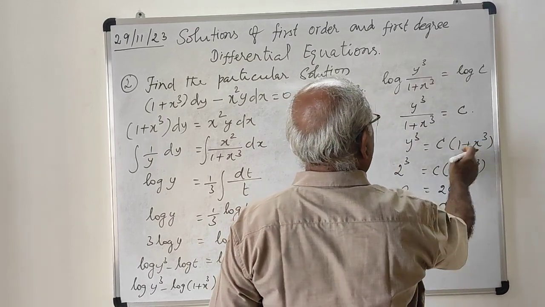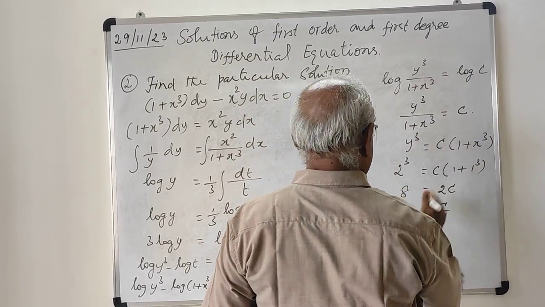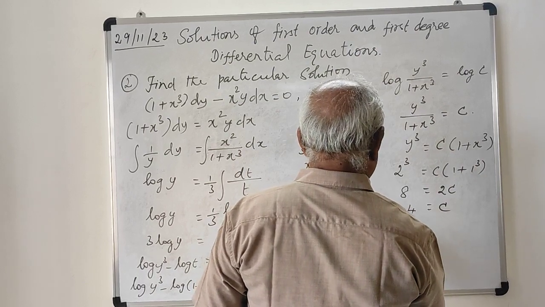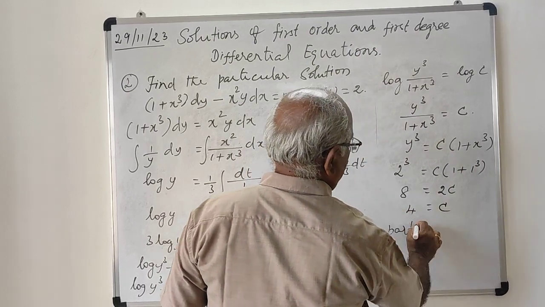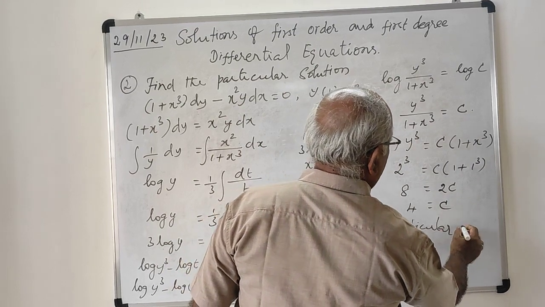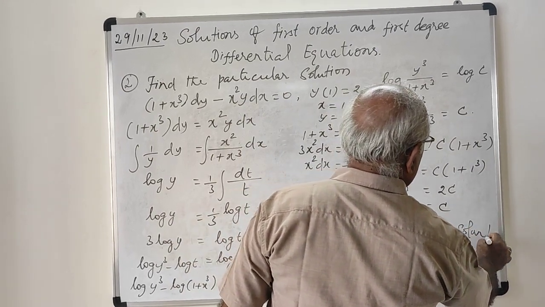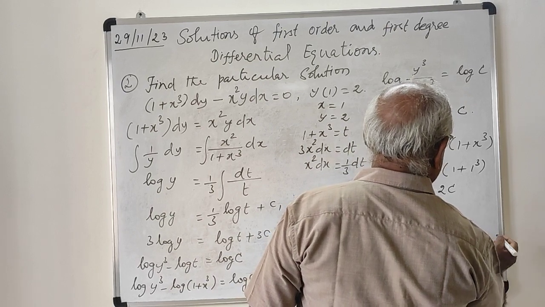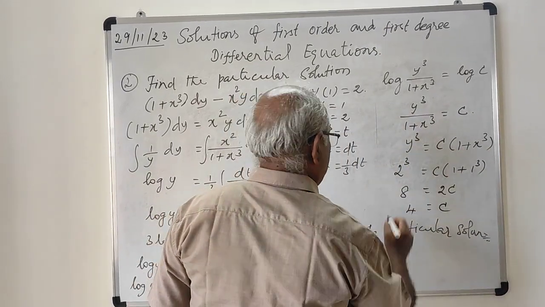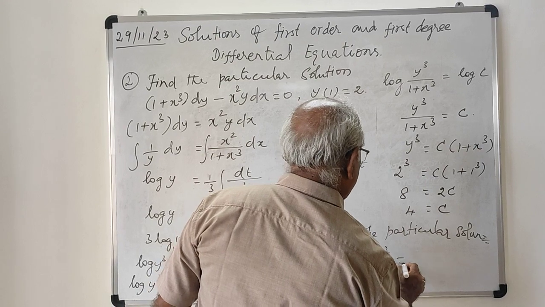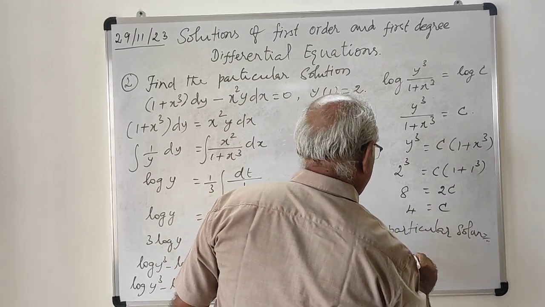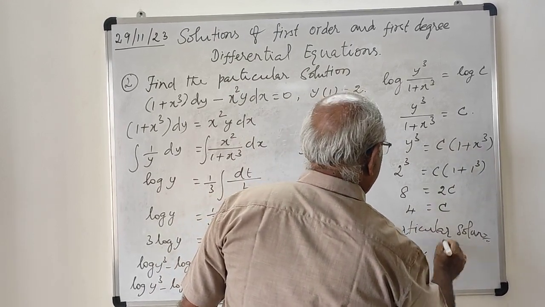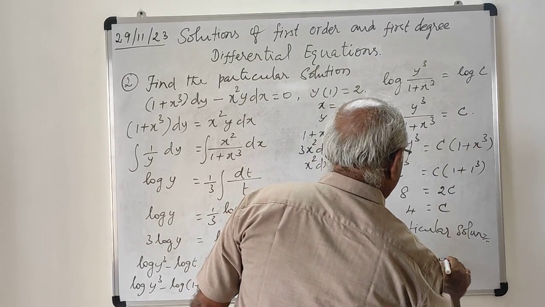You substitute for c in the general solution. Therefore, the particular solution is y cube equal to 4 times of 1 plus x cube.